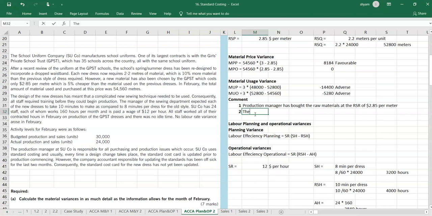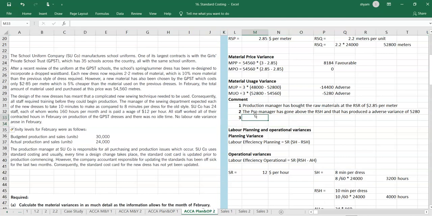So the production manager has gone above the revised standard, and that has produced an adverse variance of 5280. Why has it occurred?